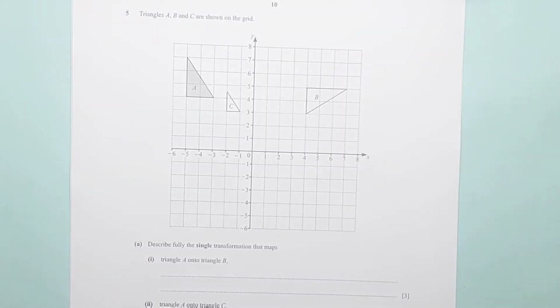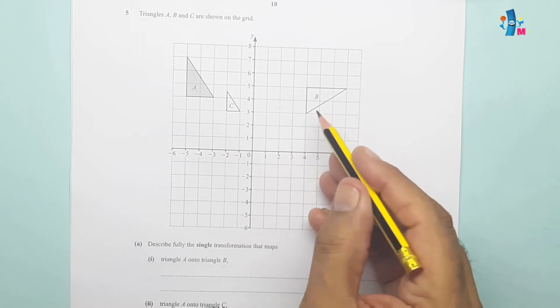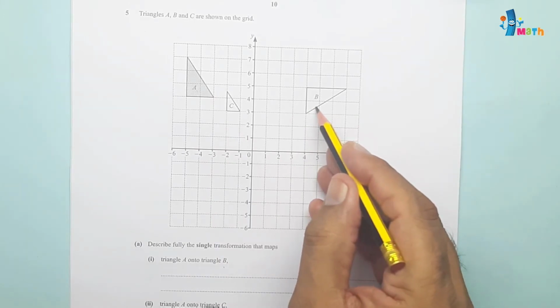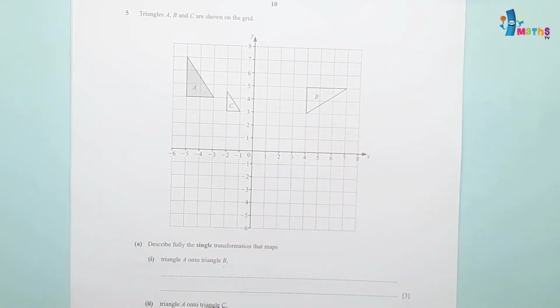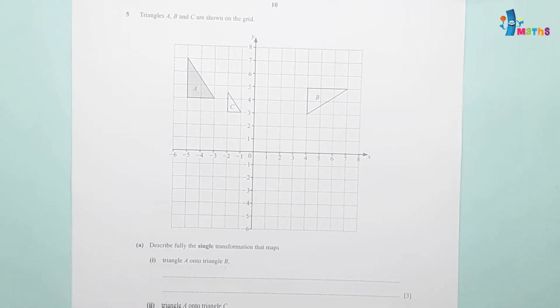Now this is question number 5, which is a transformation question. And transformation, they are saying first A part, describe fully the single transformation that maps triangle A onto triangle B. A onto B. So we will check transformation A onto B. This is basically rotation, but we will use tracing paper for checking the transformation.